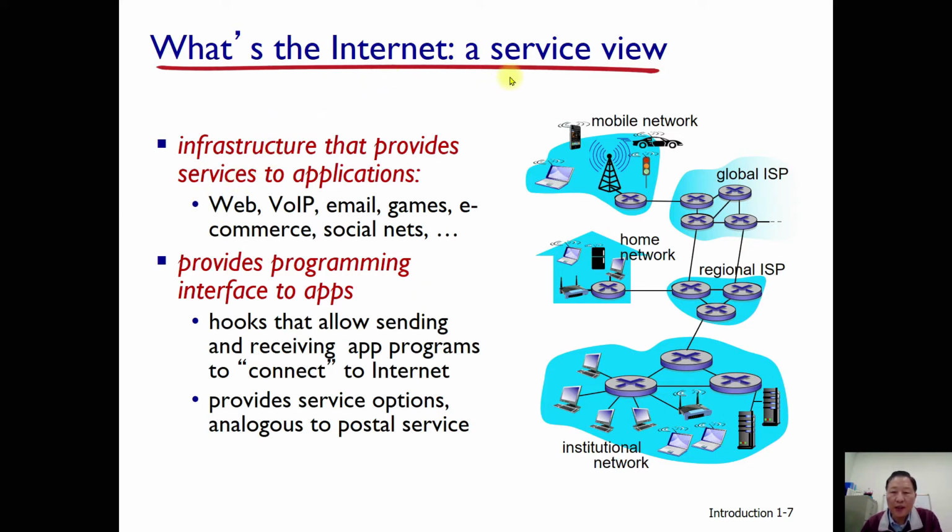In terms of the service view, the internet is an infrastructure that provides services to applications. For example, web service, voice over IP service, email service, games, e-commerce, social networks, fintech, blockchain. Many new coming services are based on this internet technology.